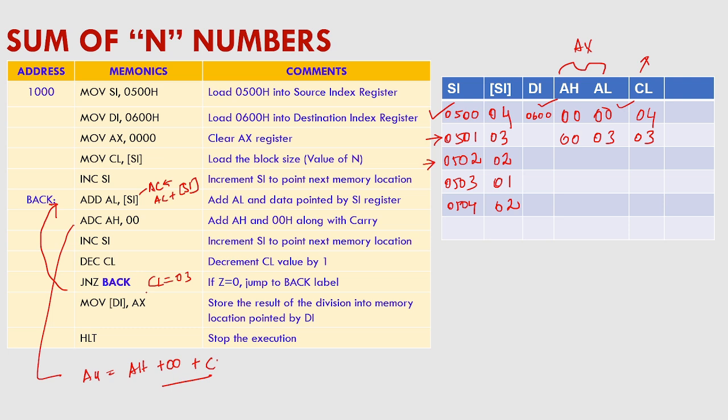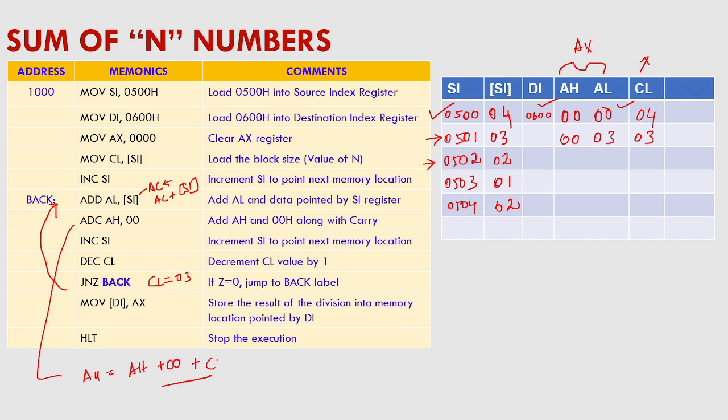I am repeating again: while executing this instruction, it checks the current value of CL. CL is now 03, which is not equal to 0, so it goes back to the loop. Now what is the current value of SI?